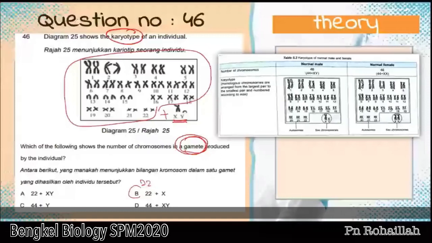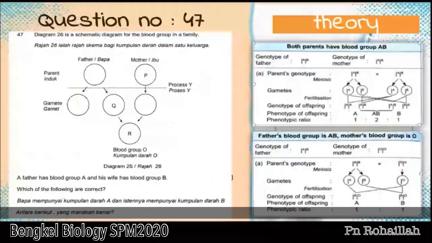Next, question number 47. Schematic diagram for the blood group in a family. Father, mother. Father is group A, so group A has two possibilities, AA or AO.